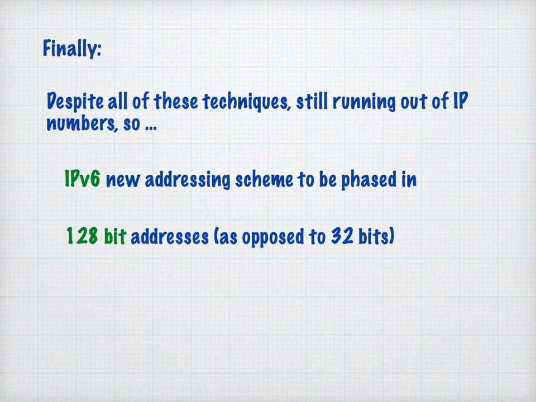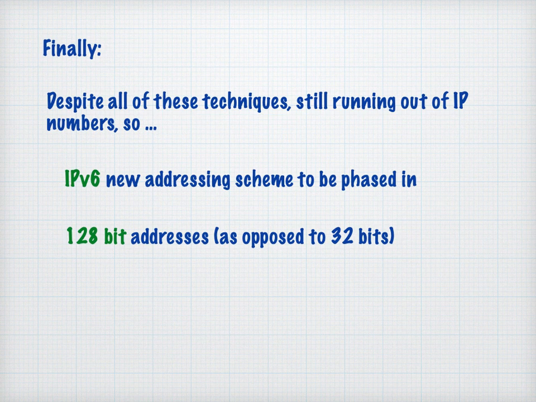Now, when the TCP/IP numbering scheme was originally created, there was no idea that we would be connecting so many devices to the system. No one had this vision that you would have mobile phones that needed IP numbers, or gaming consoles, TVs, computers, laptops.